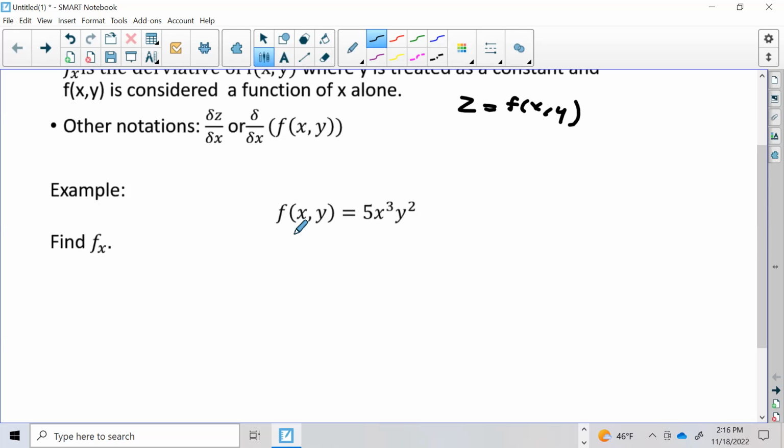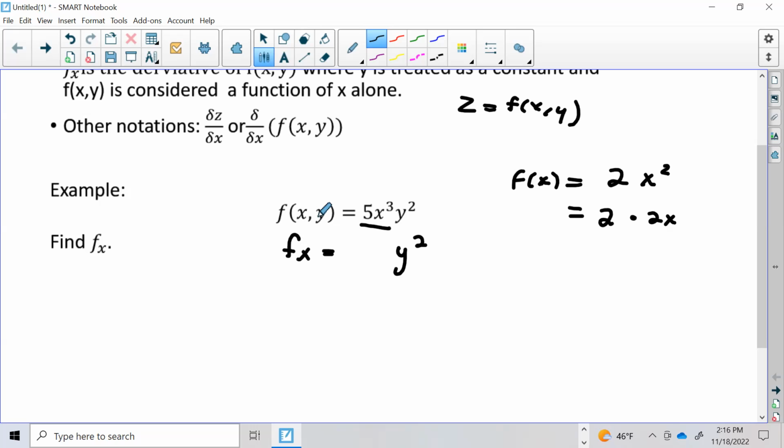So what we do to find that is we take the derivative of the x term and we treat the y term as a constant. So we know if y squared here is multiplied by 5x cubed and that's a constant, then when we're taking the derivative of it, we just leave it there. Like think about when we have f of x equals like 2x squared. What we do is we leave the constant and then we multiply it by the derivative of x squared, which is 2x.